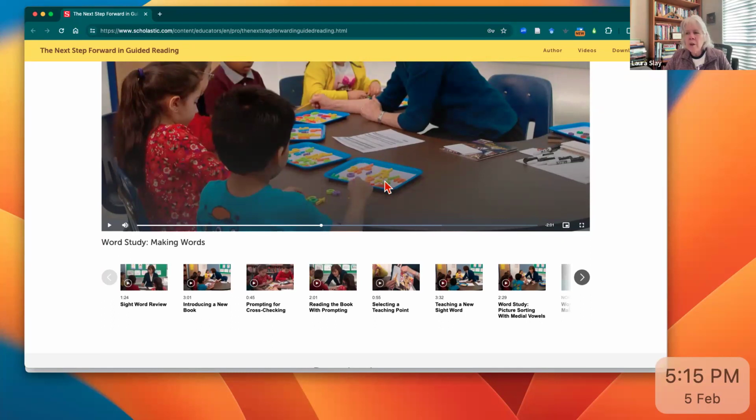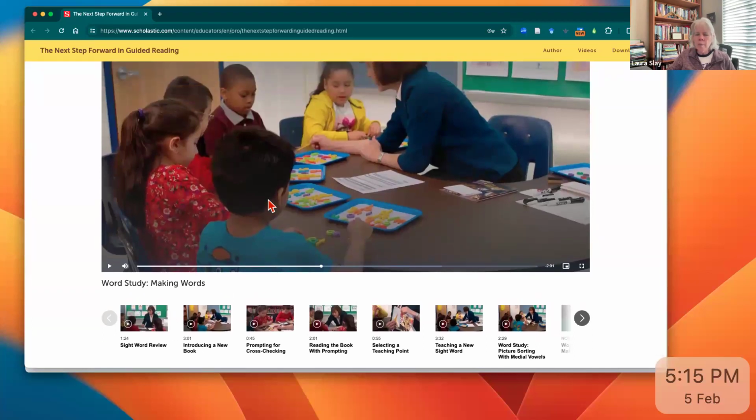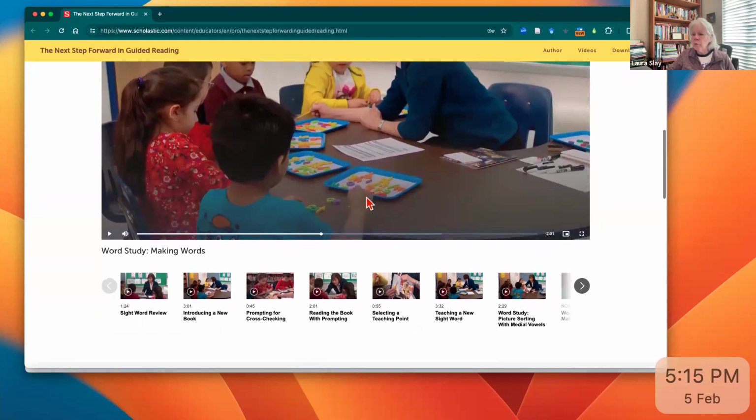Guided reading is very much focused on small group instruction. You cannot teach kids to read if you're not focusing on the individual learners themselves. And you have to have a plan on what builds on the next. So notice how she develops these small groups of learning experiences. And so you can just click on one video and then it leads into the next.